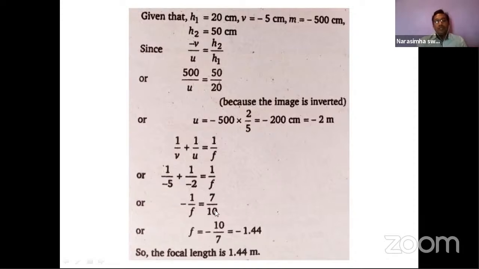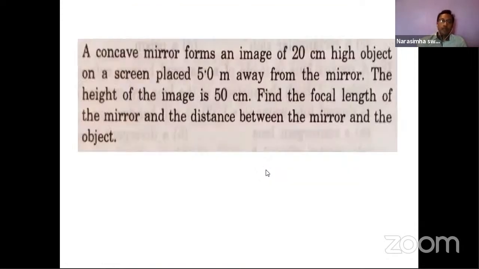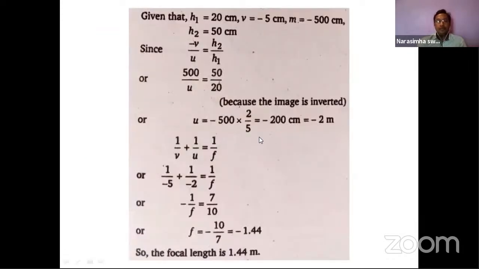So 1 by F is 7 by 10 and F is equal to 10 by 7, minus sign on this side. So F is approximately minus 1.44, and this is the focal length of the given mirror. Find the focal length of the mirror and the distance between the mirror and the object. The object distance you got is 2 meters.